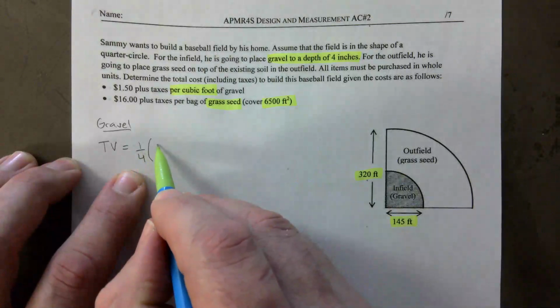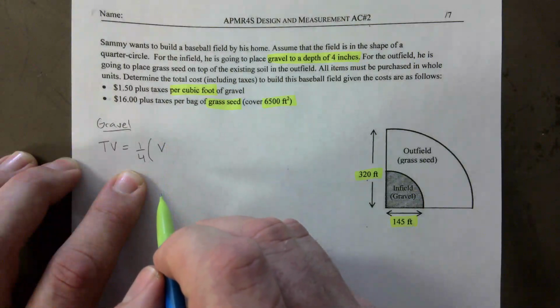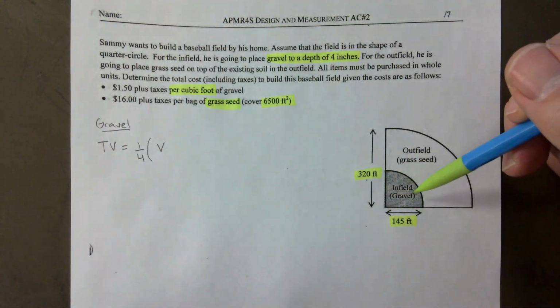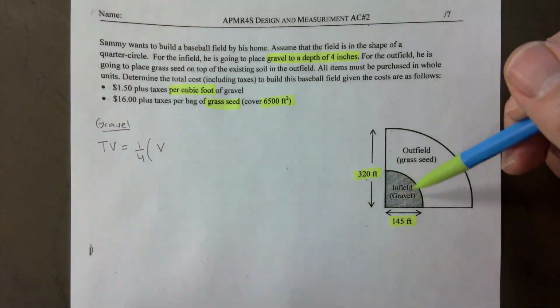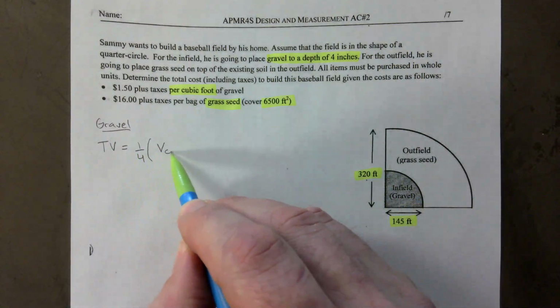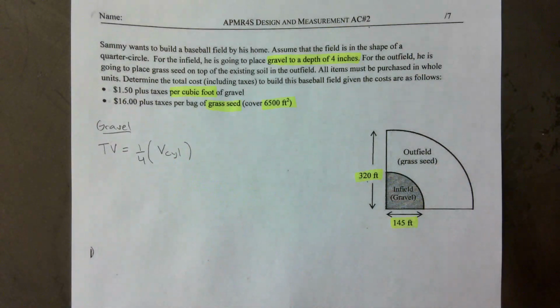And I'm just going to go volume of, let me just make sure I don't get this one wrong. I don't need to subtract anything, do I? Because it's just this part. So it's just basically 1/4 of the volume of a cylinder. Okay, that's all I need there.